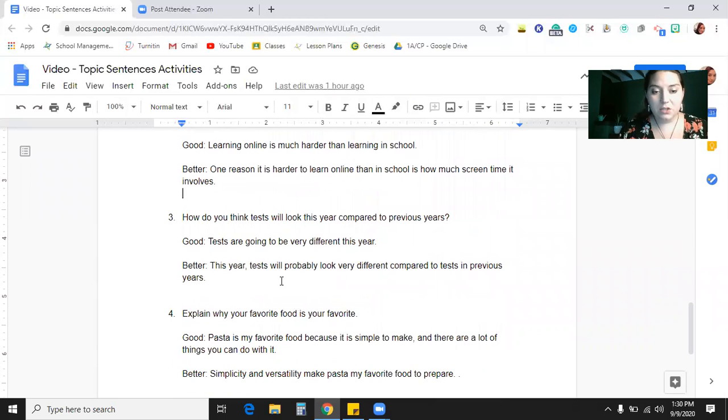All right, let's try sentence 3. So how do you think tests will look this year compared to previous years? A good topic sentence, an acceptable one, would be tests are going to be very different this year.